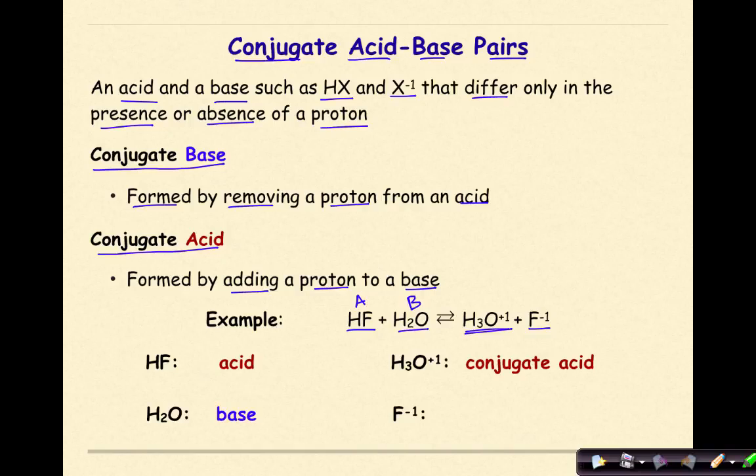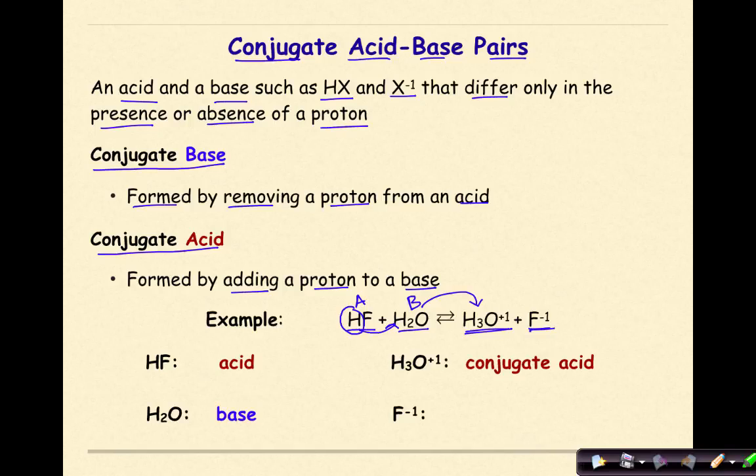And the reason why it's the conjugate acid is because the HF, when it did slightly ionize, donated its hydrogen to the water. So the H2O accepted that hydrogen and as a result became the hydronium ion. Therefore, it's acidic and we call it the conjugate acid.